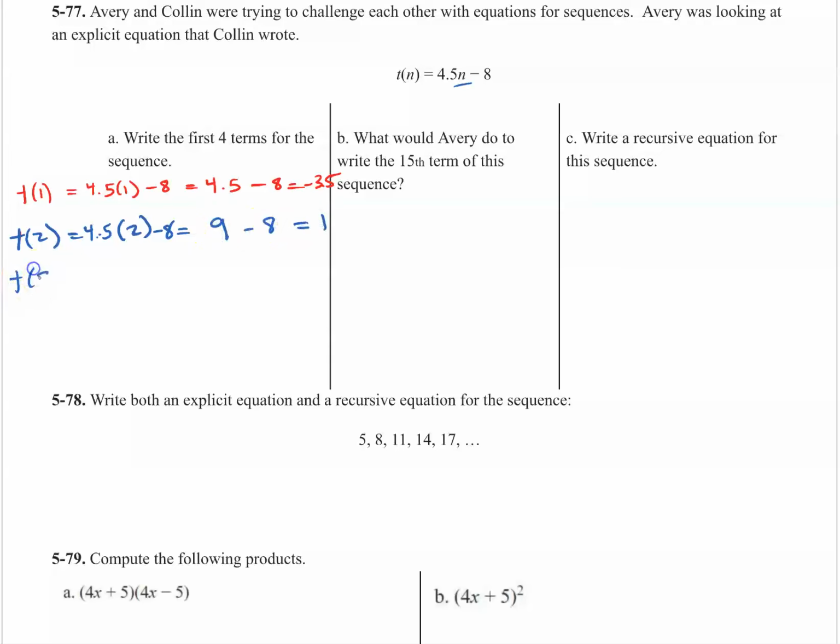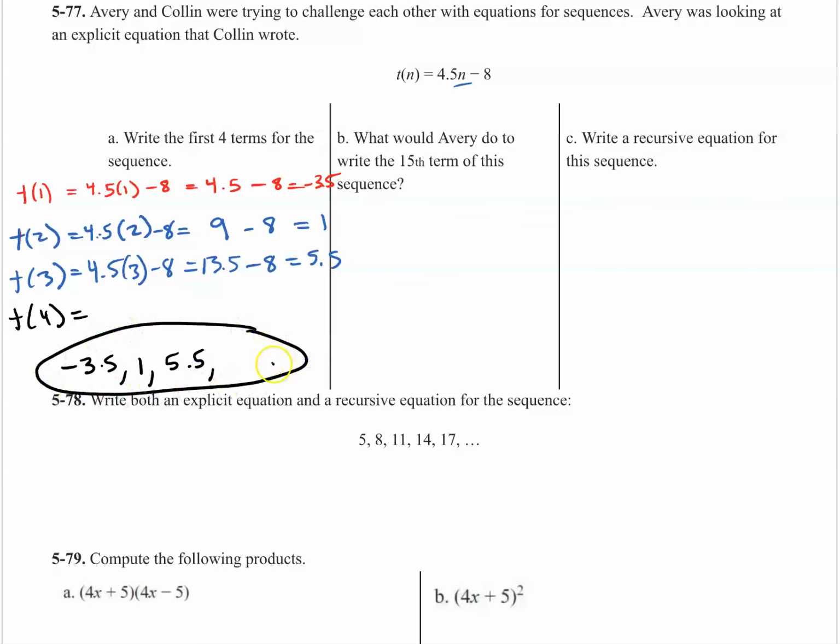And then you find T of 3, which is 4.5 times 3, subtract 8. 13.5 minus 8, that's going to be 5.5. Don't forget to find T of 4. So that's going to be negative 3.5, 1, 5.5, and don't forget to write that last term.